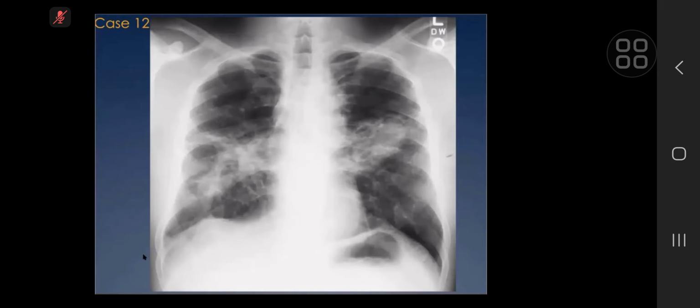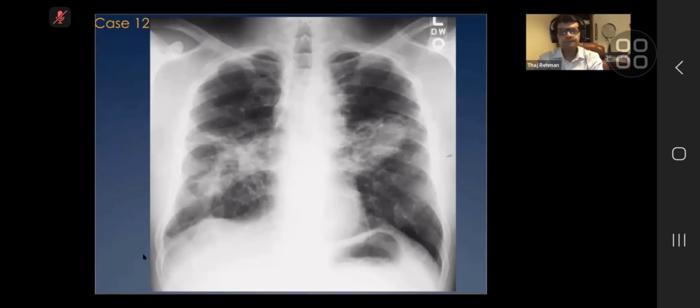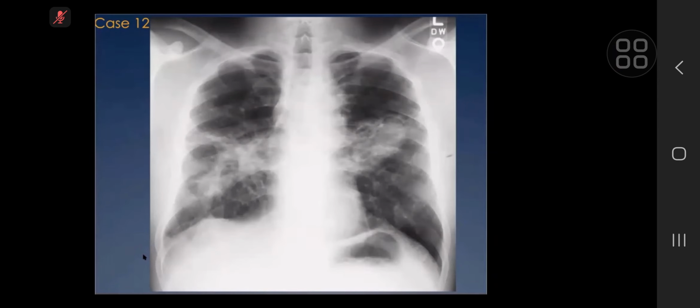There's a tenting of both hemidiaphragms. So that shows that there's some fibrotic process going on. Mild interstitial thickening as well, especially in the lower zones. So this appears more like a background interstitial fibrosis and bilateral mass-like lesions.